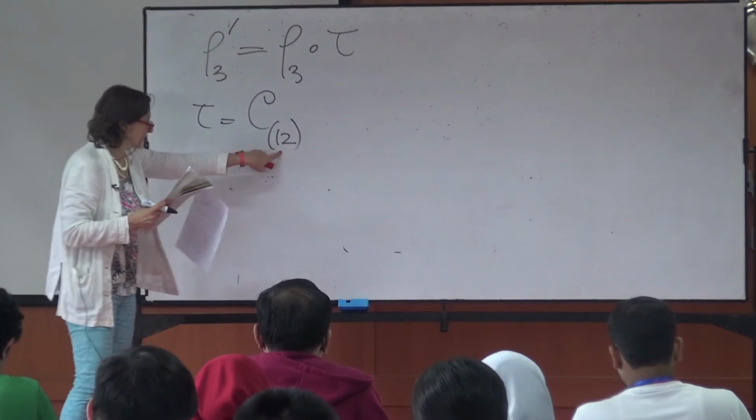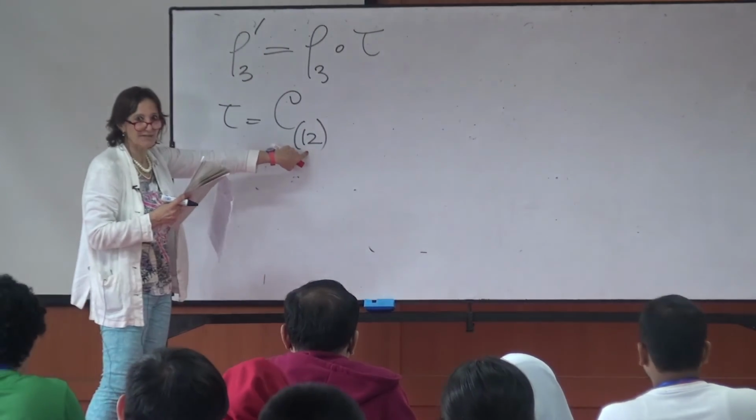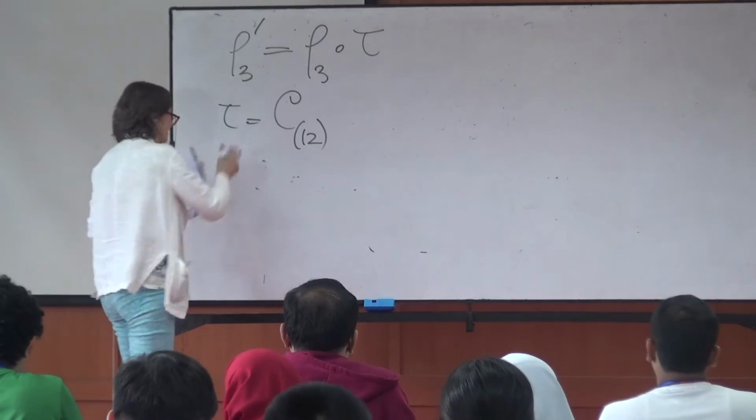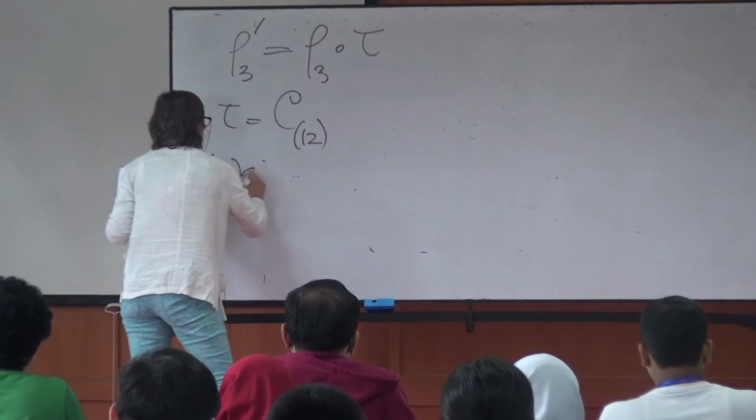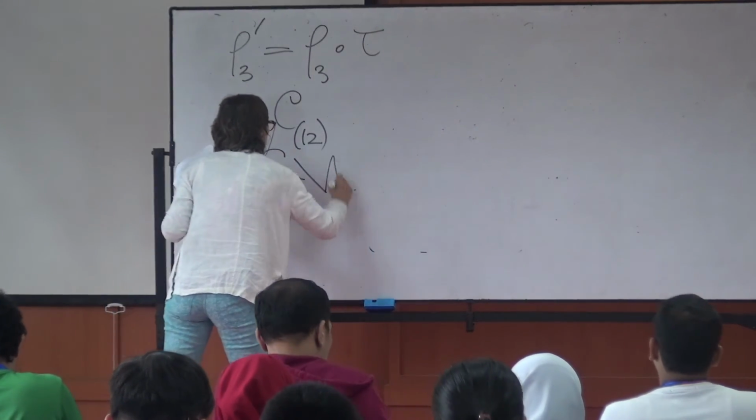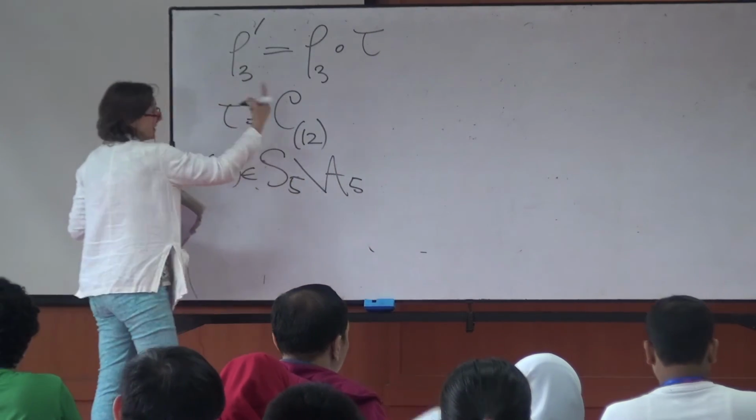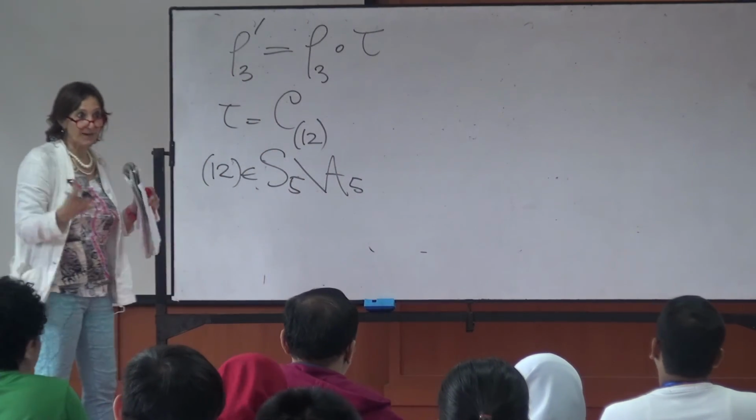You see, this element sits in S5 but not in A5. So 1-2 lies in S5 minus A5. So it acts on A5 by conjugation.